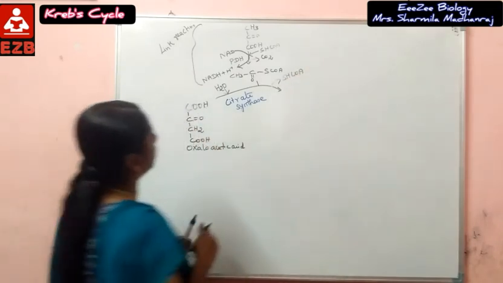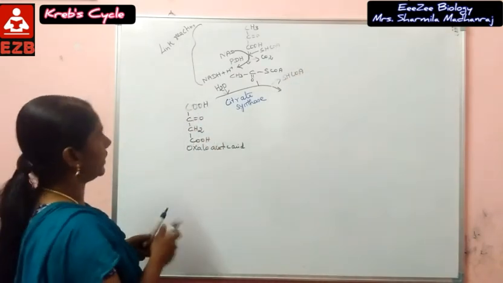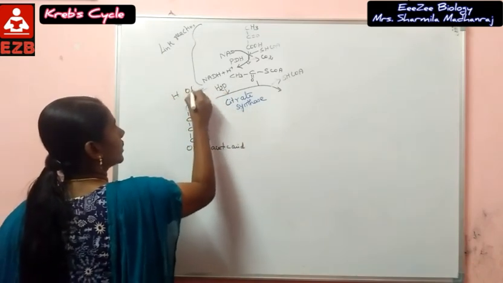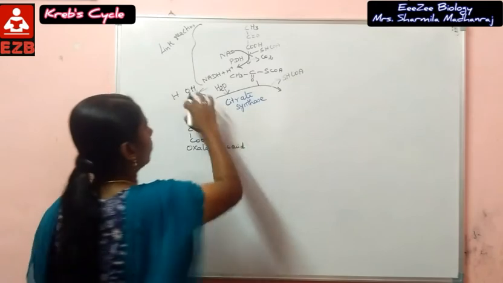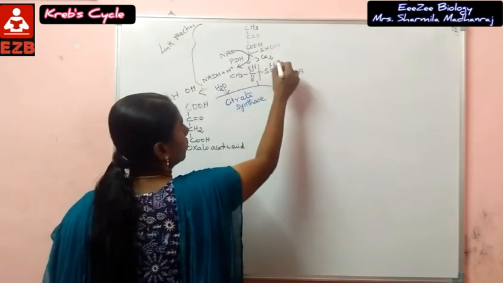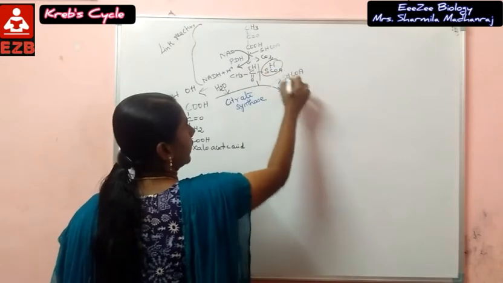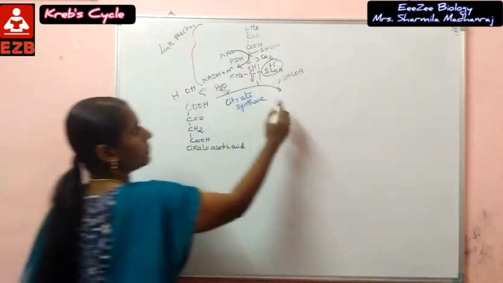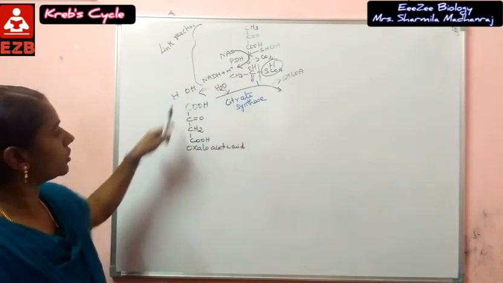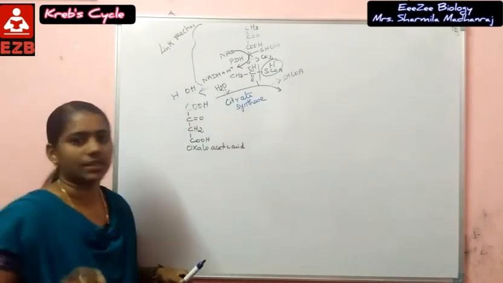The water molecule splits into hydrogen and OH. That OH enters into this reaction, and so the coenzyme HSCoA goes outside. The remaining product is joined to this oxaloacetic acid.